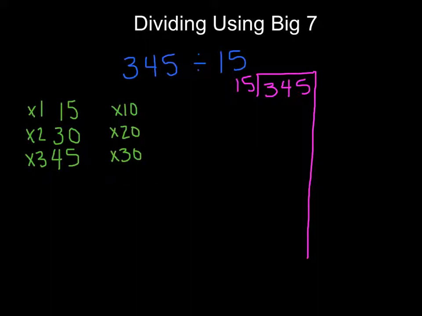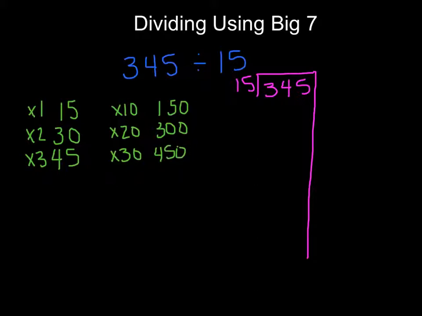So for instance, 15 times 10 is 150. 15 times 20 is going to be 300 because I just took my 30 right here and I added a 0. So that makes it somewhat easy. And then 15 times 30 is going to be 450. I didn't need to go that high, but I went ahead and did it just because.